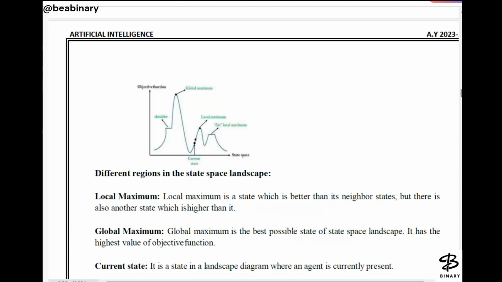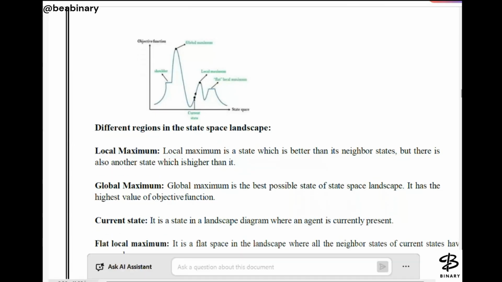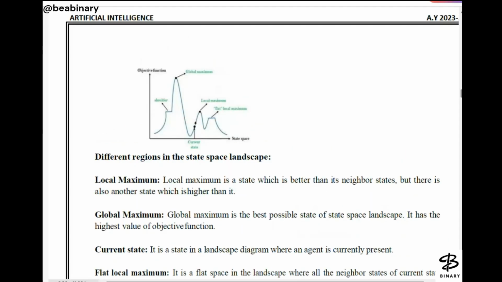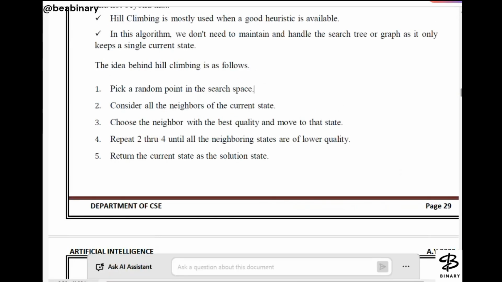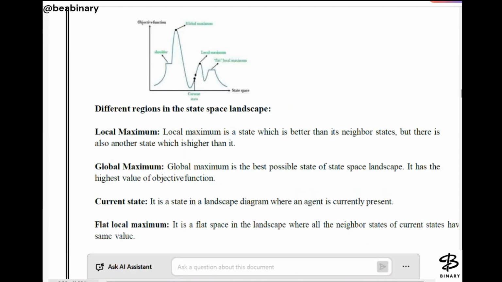So these are the different regions in the state space landscape: goal, global maximization, local maximization. We will discuss what comes under hill climbing, the goal, and what the different neighboring values are. Here we are basically talking about local maximization, global maximization, current state, and the flat local maximization. What are the different objective functions and the state spaces, right?